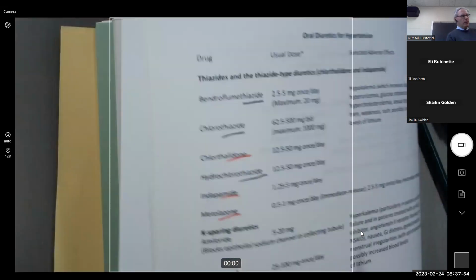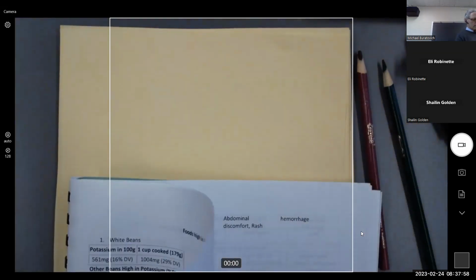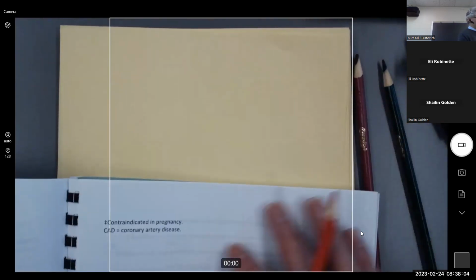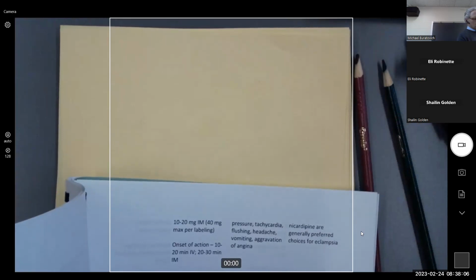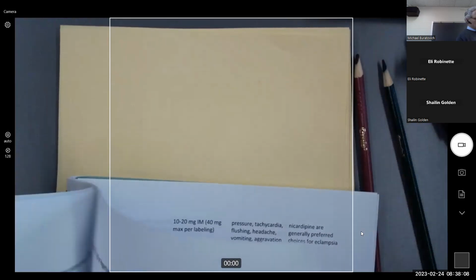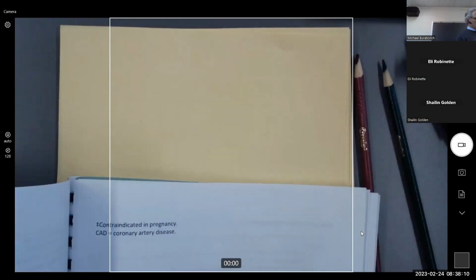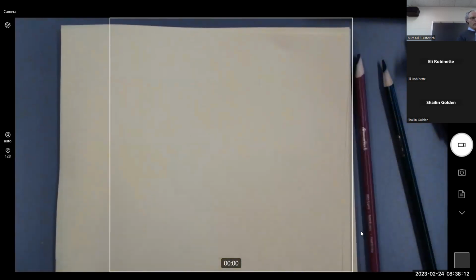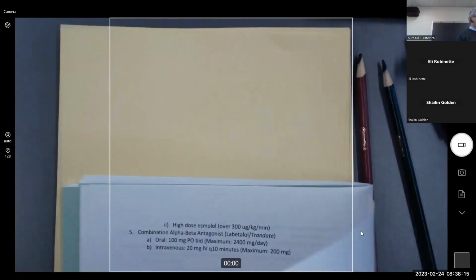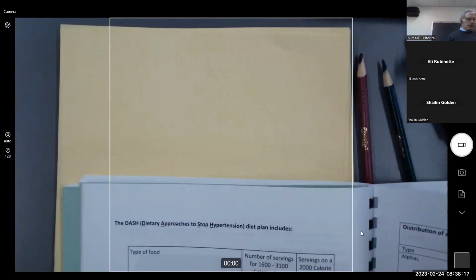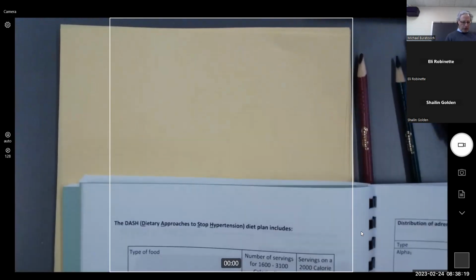And on another page, I have the loop diuretics. Huh. Doesn't look like I have the loop diuretics listed anywhere. I think it's on page 43. Page 43.